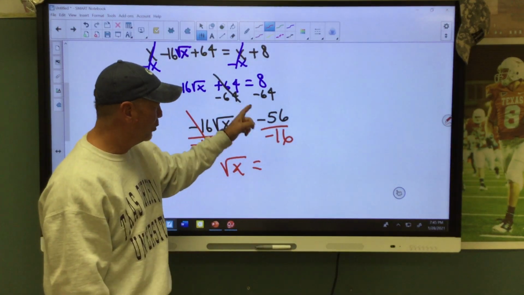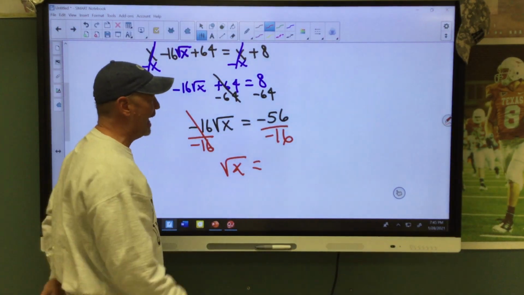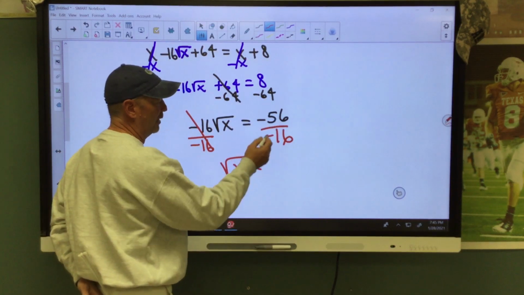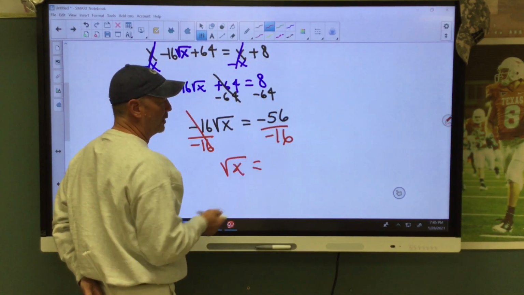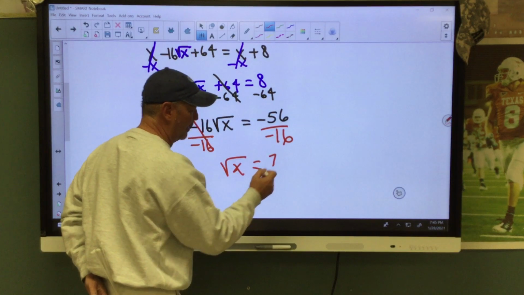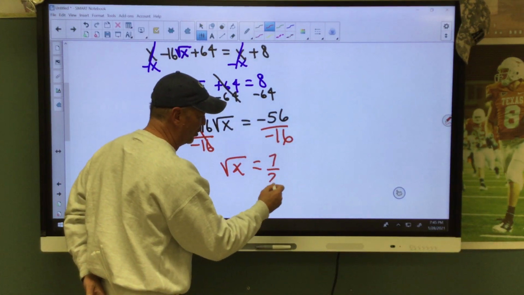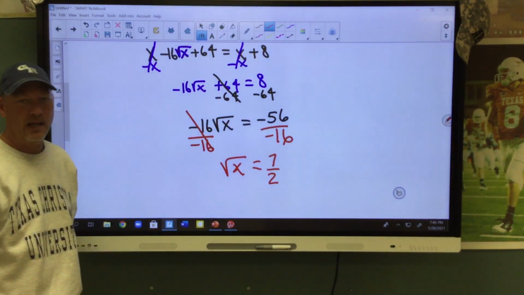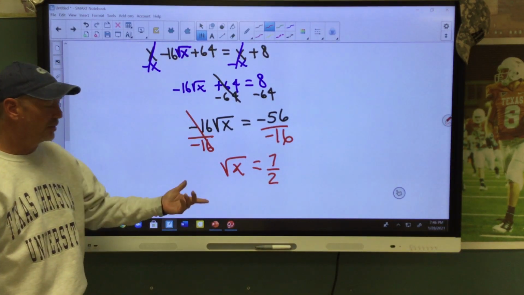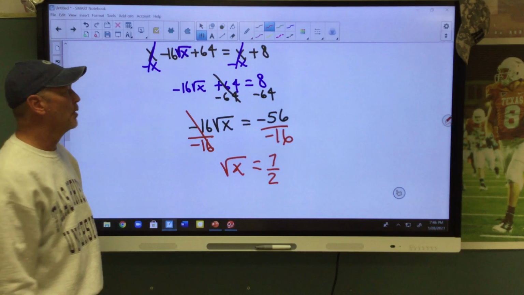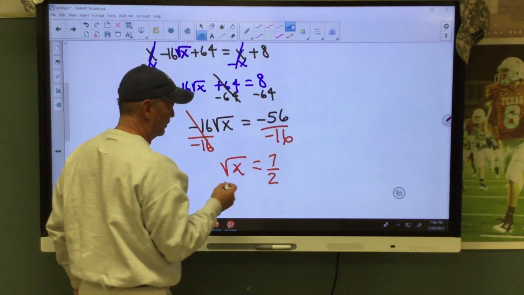Okay, the negatives will cancel. 8 will go into 56 7 times. 8 will go into 16 2 times. I have reduced. Okay? What's left? To get rid of that radical, we're going to square both sides.